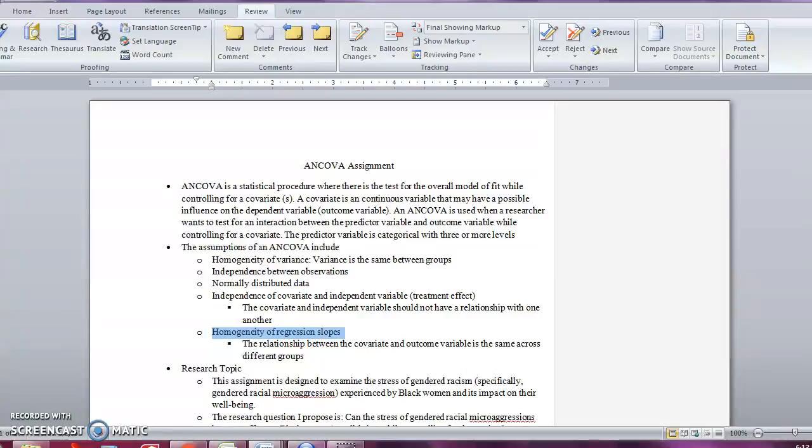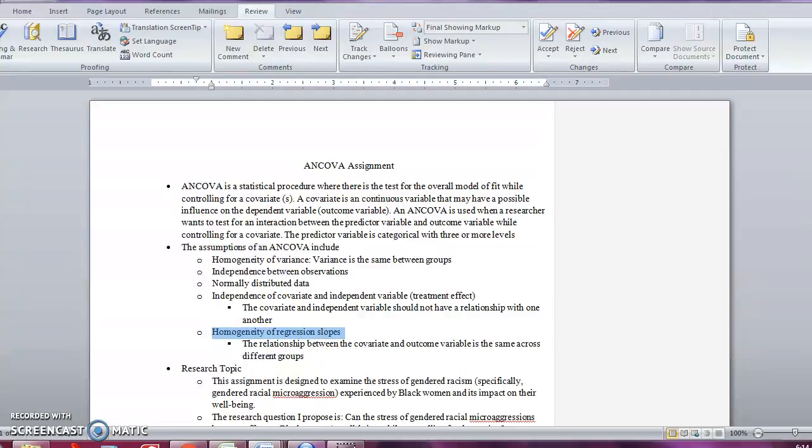Now, the 2 additional assumptions include independence of covariate and independent variable, and homogeneity of regression slopes. To begin, the independence of covariate and independent variable refers to the fact that there should not be a relationship between the 2. If there is a relationship between the 2, this is really, really bad, because they're related.